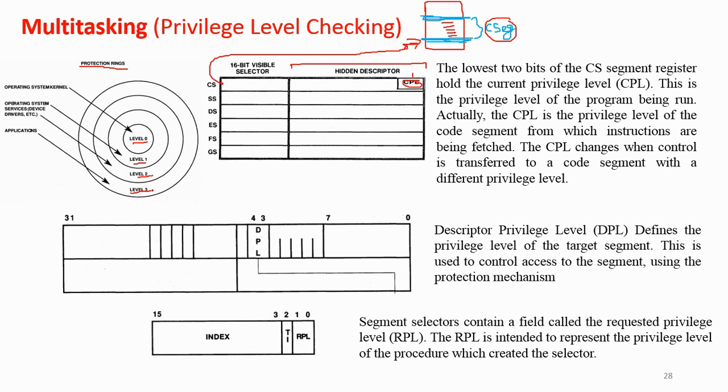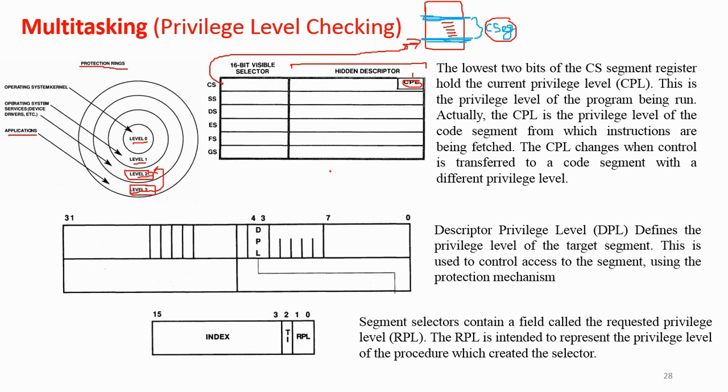Suppose task switching happens. Let us suppose the program running at level 3 is calling programs which are running at a higher privilege level, that is privilege level 2.